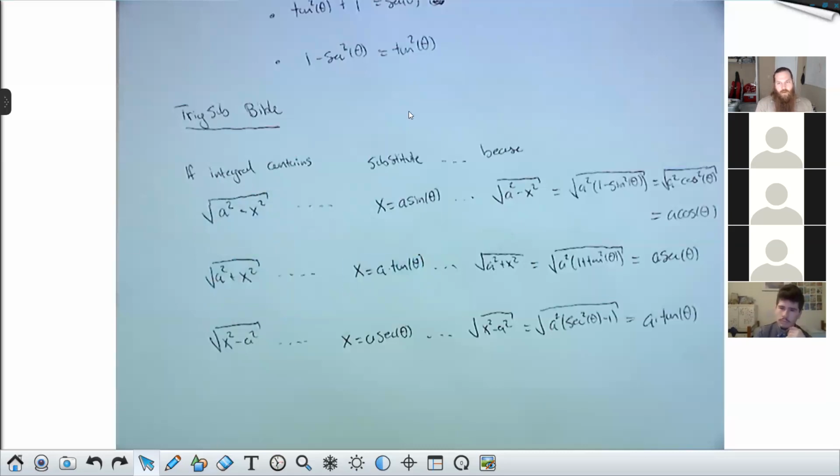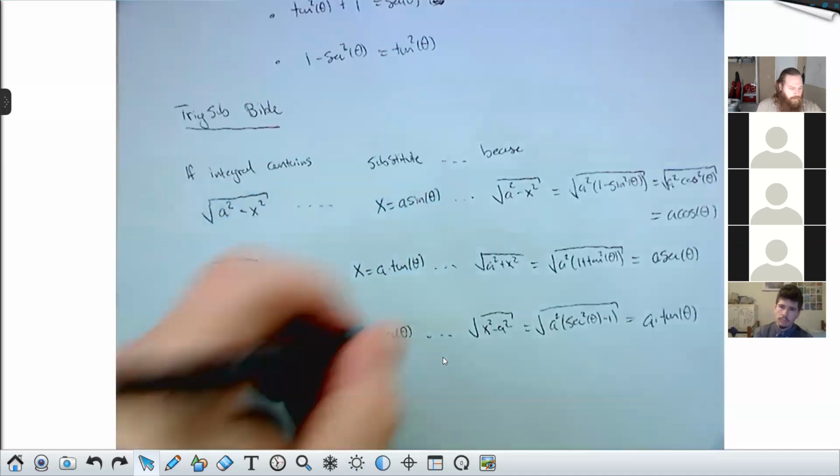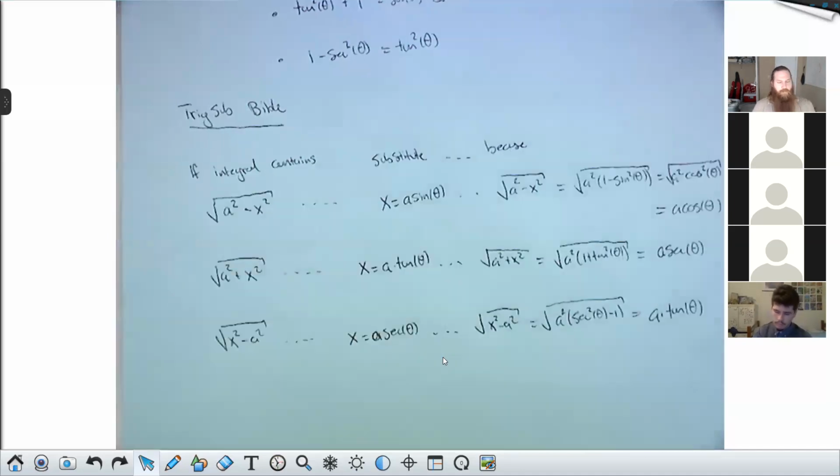But this is a good general guideline. If your integral has one of these looking square roots, you'll probably want to make one of these substitutions. You should try other methods first. If there's anything easier that will get the job done, like a simple u sub, by all means do that. But if there isn't, then you should follow this guideline.